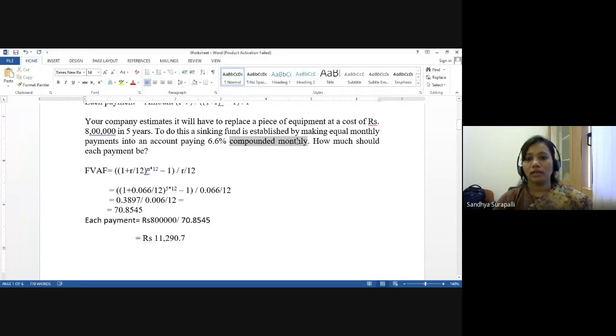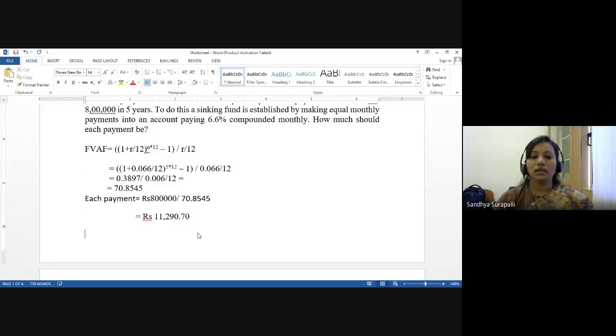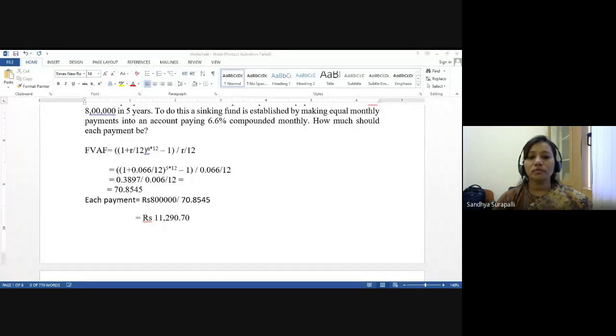They said compounded monthly. We have done N also, we have taken 5 into 12, 60, and R also divided by 12. So if they deposit 11,290.7 monthly, then by the end of 5 years, compounded at 6.6 percent, the interest you will earn is 6.6 compounded every month. So after 5 years, 8 lakhs will be the amount in that particular account.